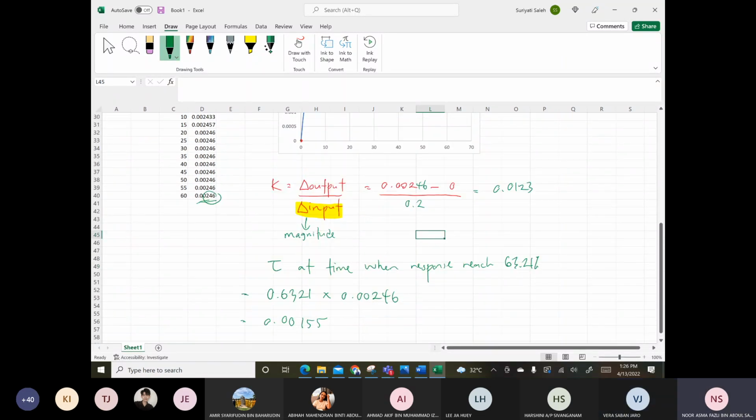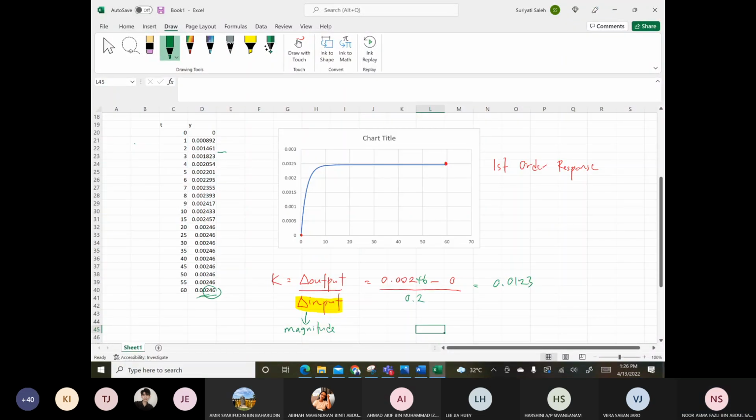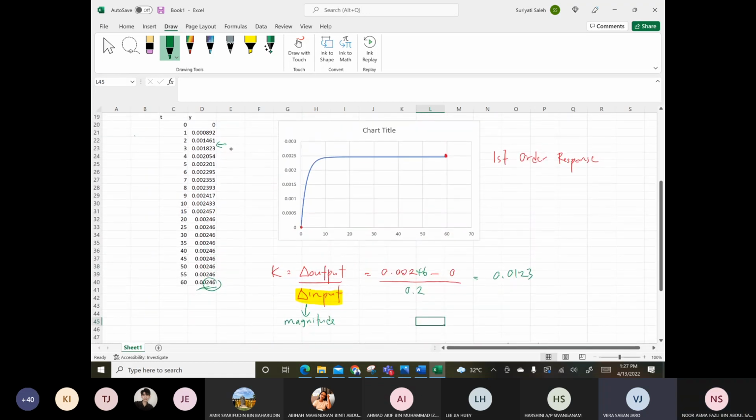So 0.00155, if we take a look, it happened here, between 0.001461 and 0.001823. So if we do interpolation, we can find the exact answer.